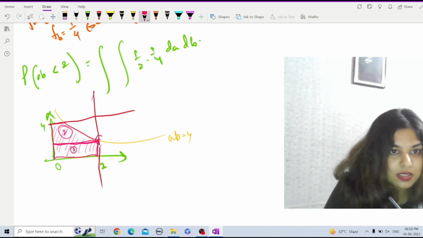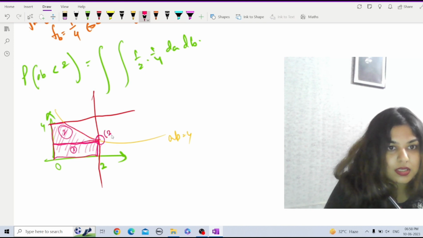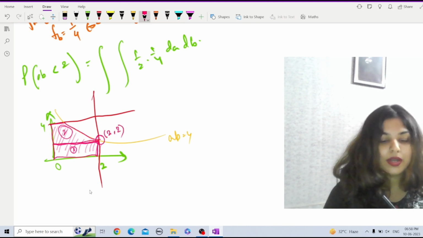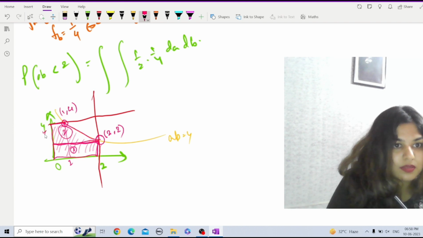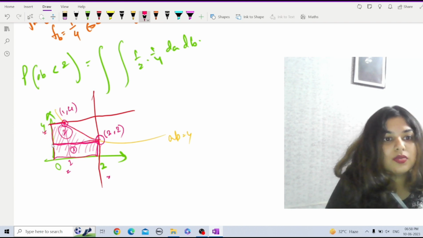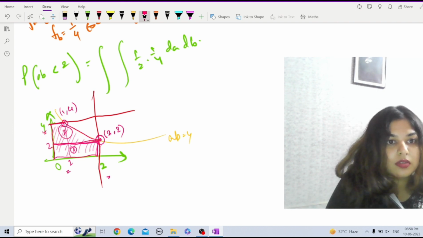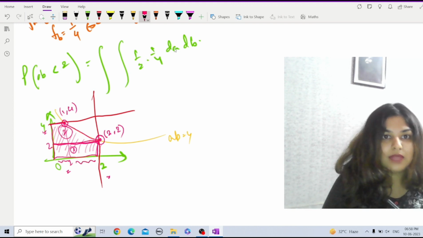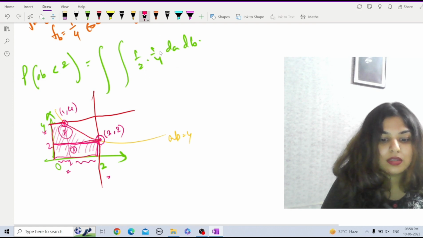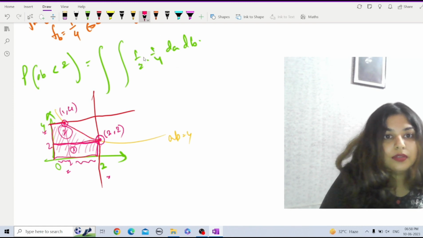This is the 2, 2 coordinate, and this is our 1, 4 coordinate. This is 4, this is 1, this is 2, and here this is 2. So we have got the two coordinates here. First we are going to integrate this till here, and then we are going to integrate this till here. That is the integration part. So let us put the values here.